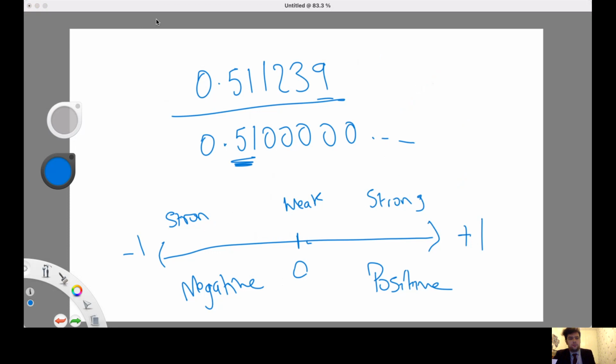If you were asked to interpret the strength of this correlation, it's 0.5, which would put it slap bang around here, 0.51. So it's not a strong correlation, but nor is it a weak one either. So you'd say this is a moderate correlation.